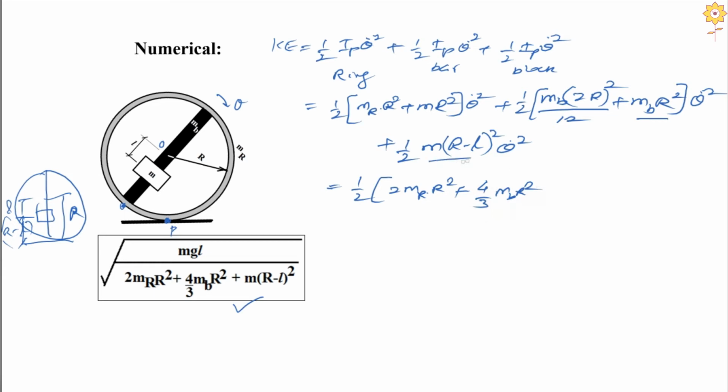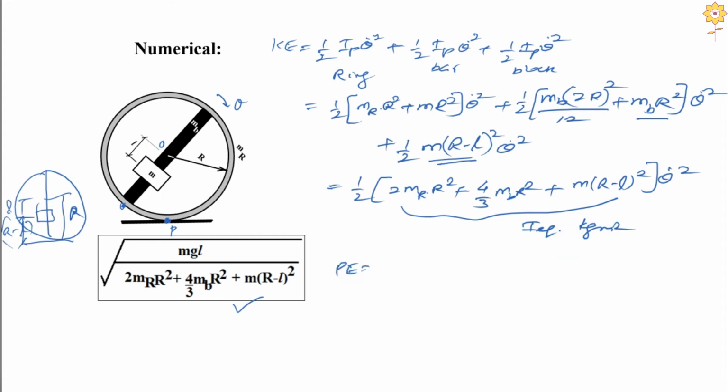And plus m into (R minus small l) squared, into theta dot squared. So this entire thing within the brackets is I equivalent in kilogram meter squared.